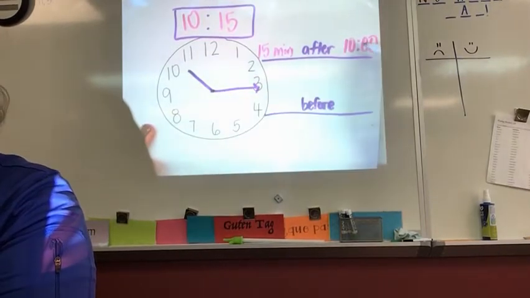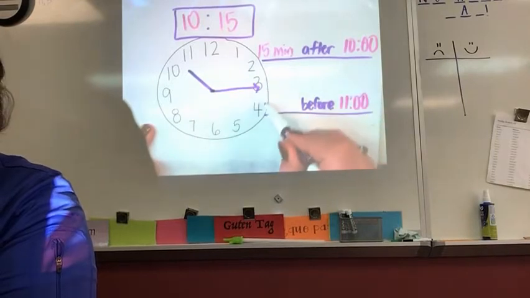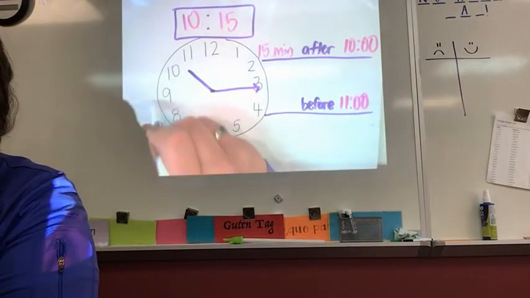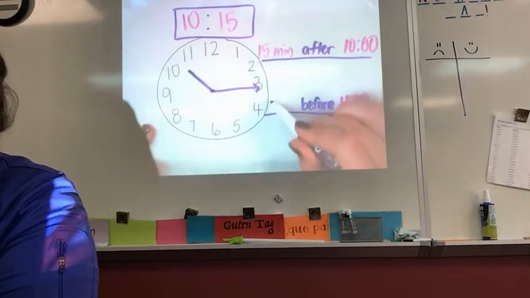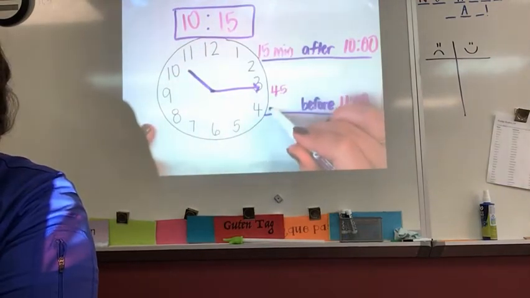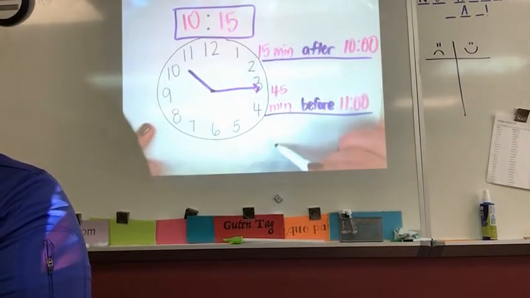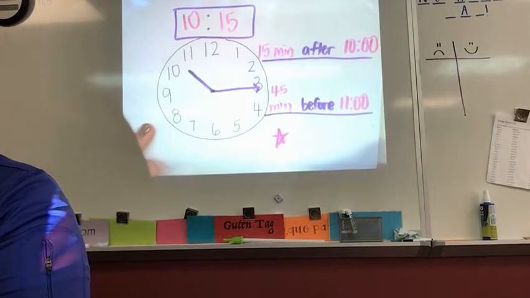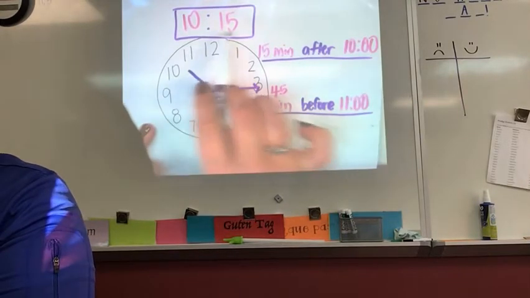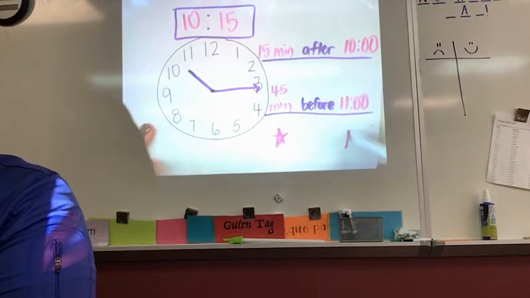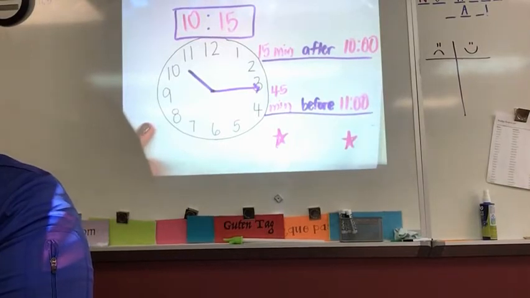I'm in between 10 o'clock and 11 o'clock, and it would take me 5, 10, 15, 20, 25, 30, 35, 40, 45 more minutes to get to 11. My quick check is that 45 plus 15 does in fact equal 60. My time is in between 10 and 11, and I am good to go.